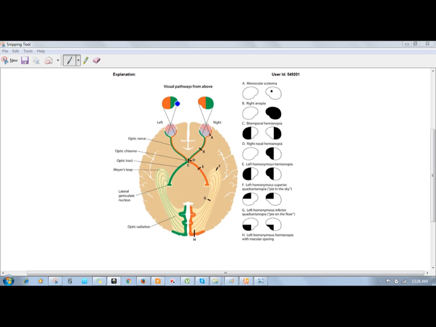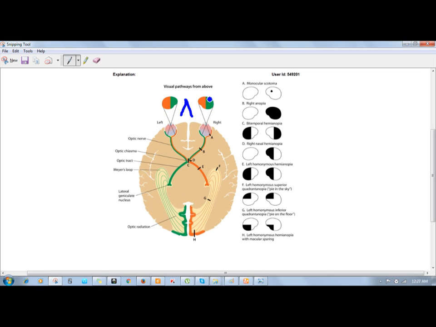So let's divide this visual field into nasal, close to the nose. Suppose this is our nose here. So this is the nasal visual field for the left eye, and this is the nasal visual field for the right eye. And this is the temporal visual field for the left eye, and this is the temporal visual field for the right eye.